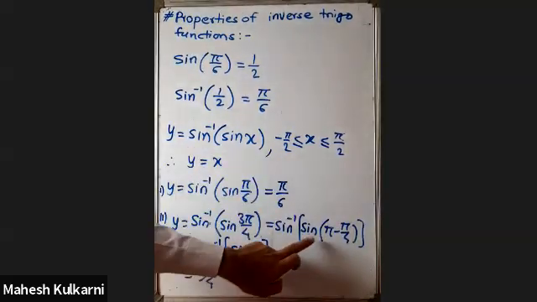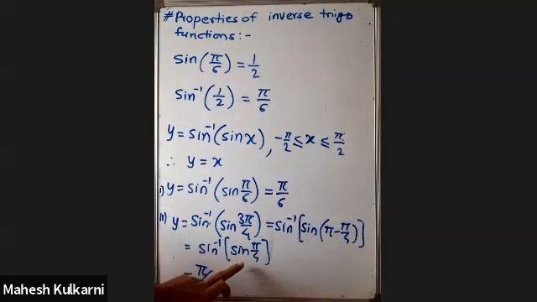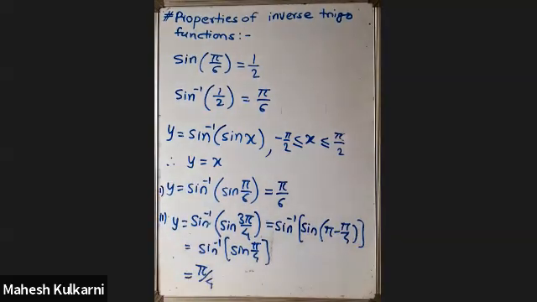So first we use allied angle formula, then simplify it, and now we can take this value as x. So the value of sine inverse of sine 3 pi by 4 is pi by 4. So note down these two examples.